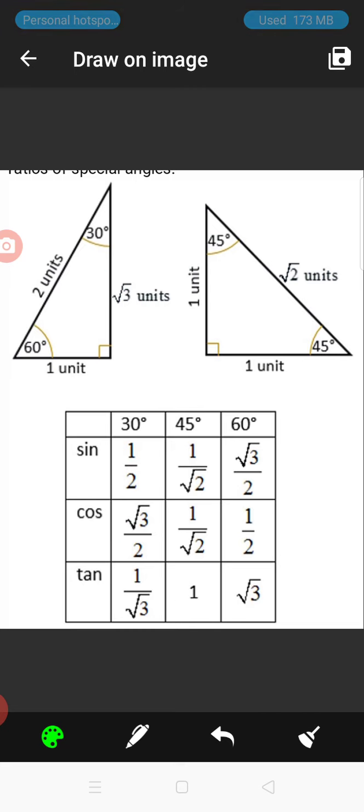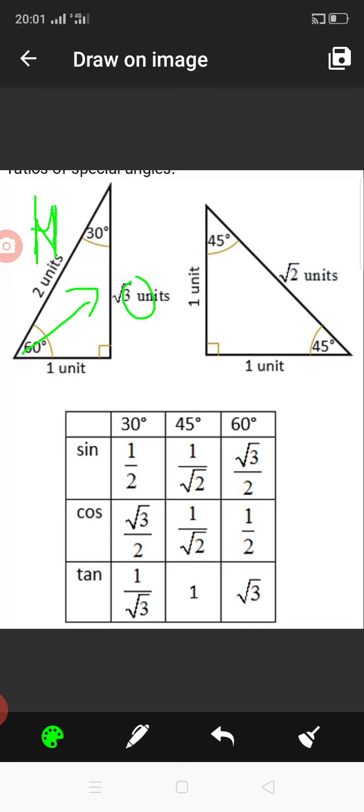Now for 60 degrees, the opposite is root 3, the hypotenuse is the same and the adjacent side is 1. What is sine 60? Opposite upon hypotenuse, that is root 3 by 2.